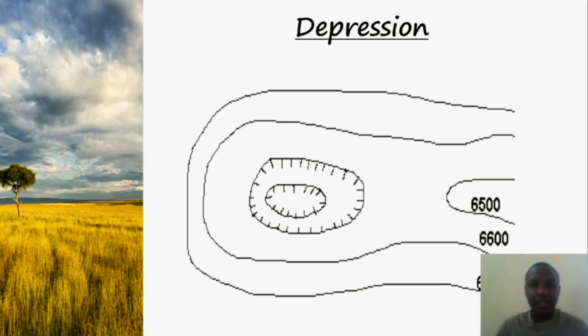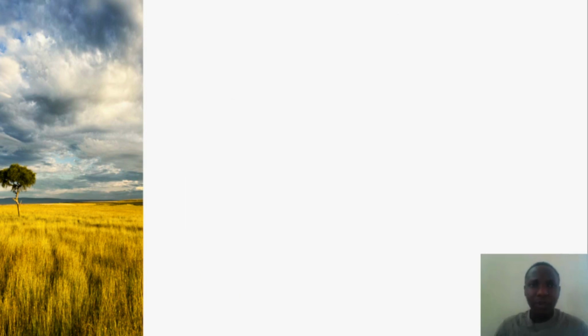Now you can tell this is the depression, as in the definition, whereby the markings point toward where the contours decrease, where it becomes very low down. That's how you can tell that this kind of contours shows a depression. I hope that's clear. Moving on, let's see a cliff.